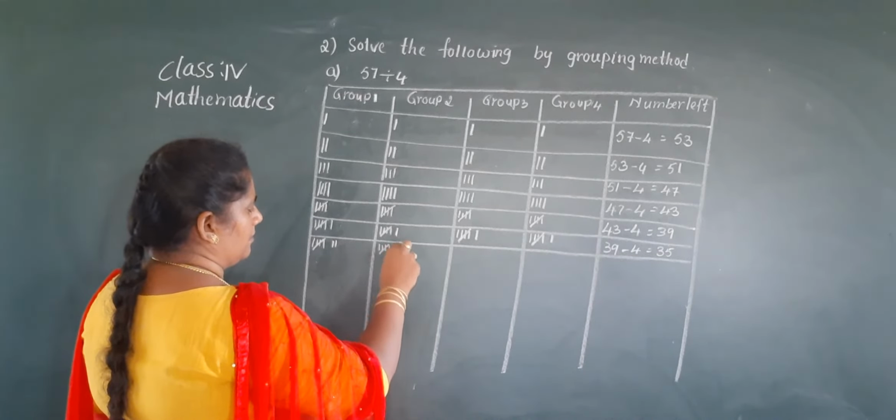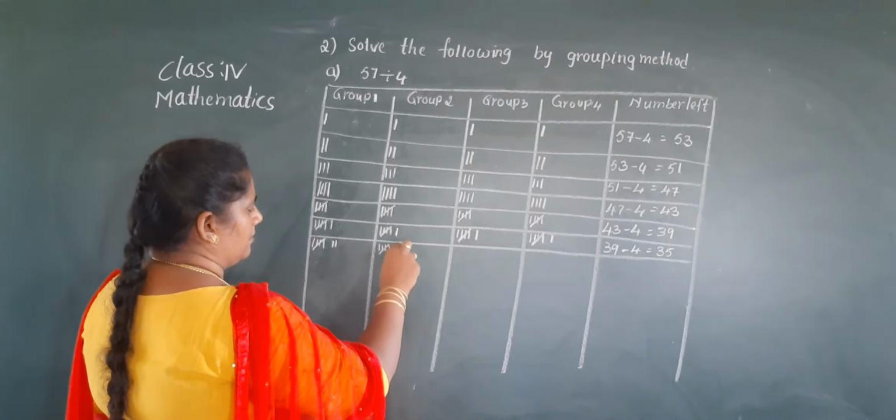Okay? Next. Again distribute 1. So 31 minus 4 is 27. If you subtract 4 from 31, it's 27.